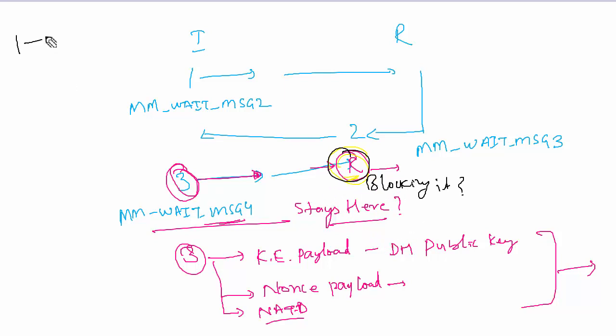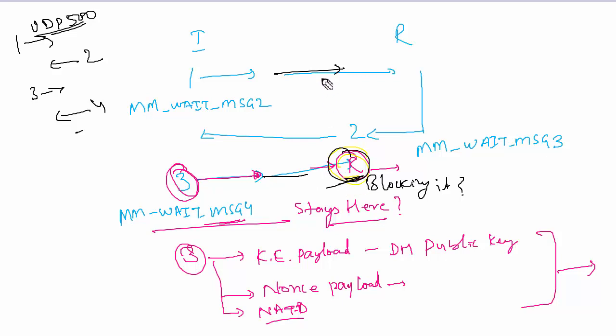All these messages, 1, 2, 3 and 4, are exchanged on UDP port 500. If this router is blocking UDP port 500, then how was the first message allowed? If you are saying that message 3 was blocked by a device in between because the router blocked UDP 500, how did it allow the first message? If the router was blocking it, it would have blocked the first message as well. It means this is not correct. There is no other device blocking it.